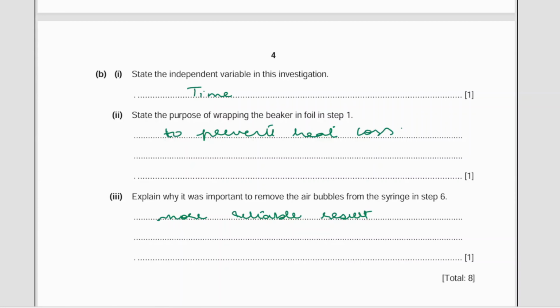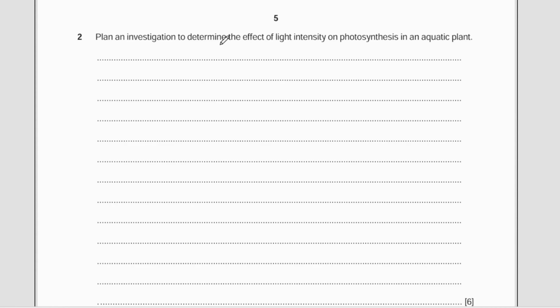Next one is: plan an investigation to determine the effect of light intensity on photosynthesis in an aquatic plant. I've told you to do these practicals from the book. It's plant nutrition. Have you gone through those topics?